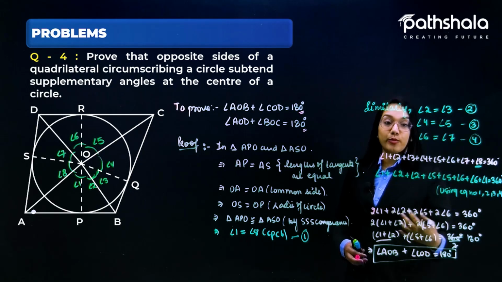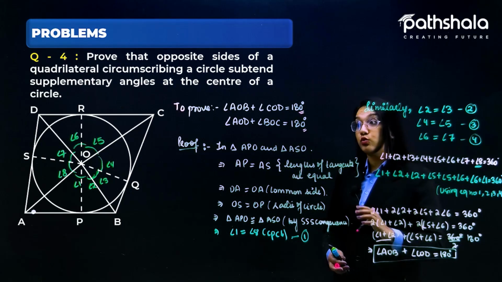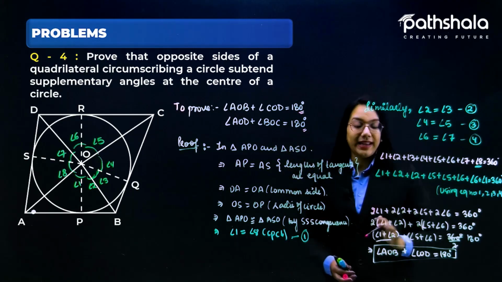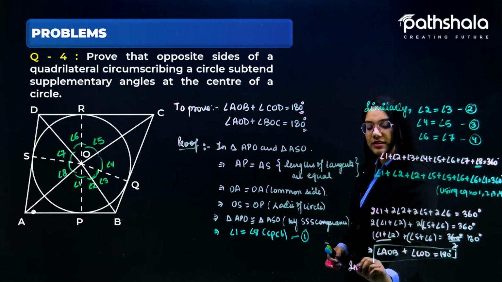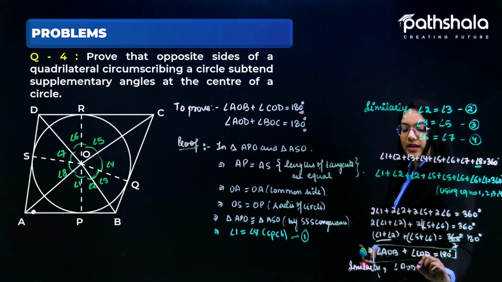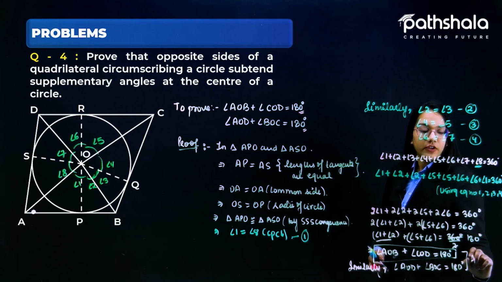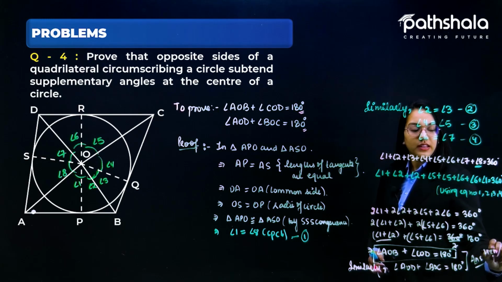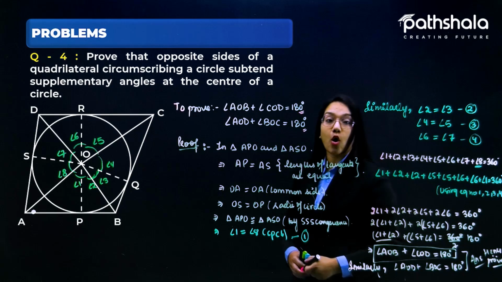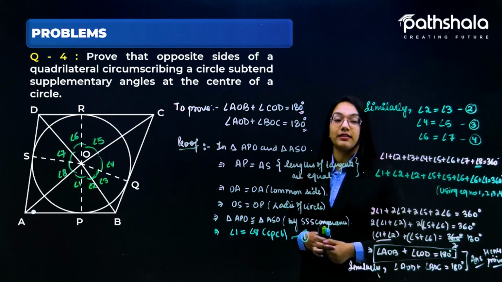If I proceed further in the similar manner, I can prove the second part as well, that the angle AOD plus the angle BOC is equal to 180 degrees, which is our answer. Hence we proved the theorem, hence proved this particular fact that the opposite sides of a quadrilateral circumscribing a circle subtend supplementary angles at the center of the circle.